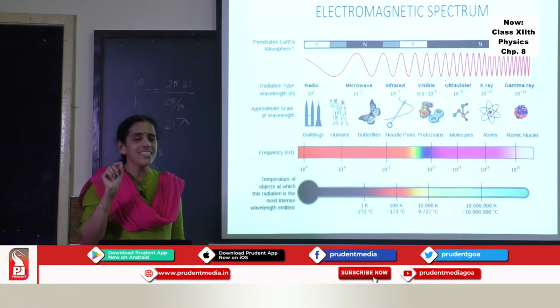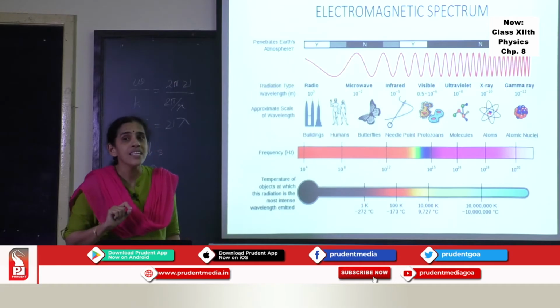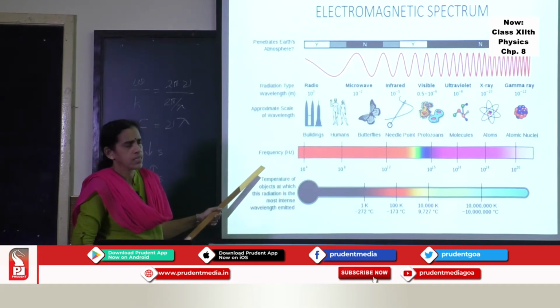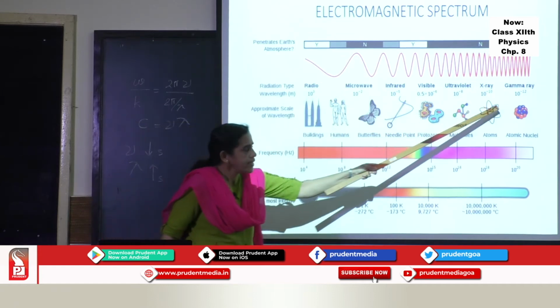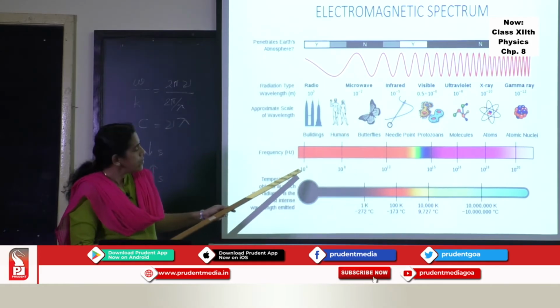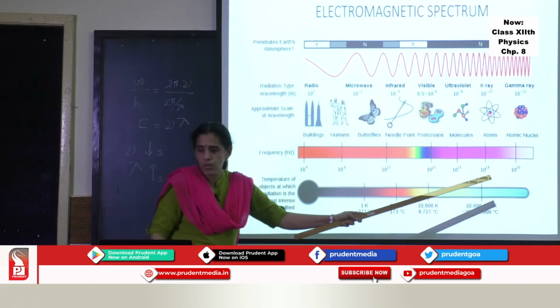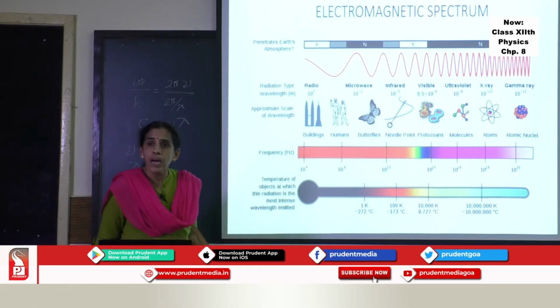Atomic nuclei size is approximately 10 raised to minus 15 meters. Okay. Then this is the frequency. So, as the wavelength decreases, what is happening to the frequency? Frequency increases.